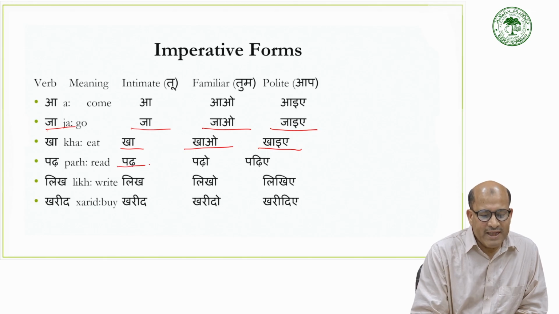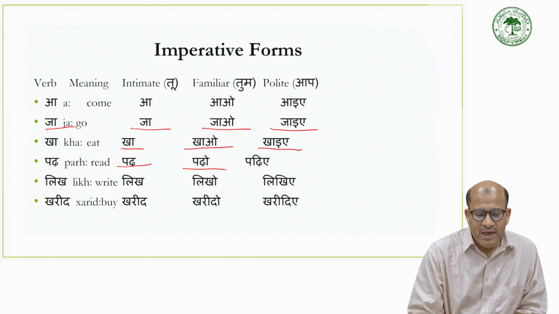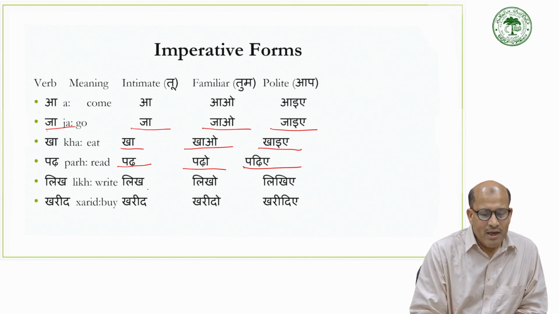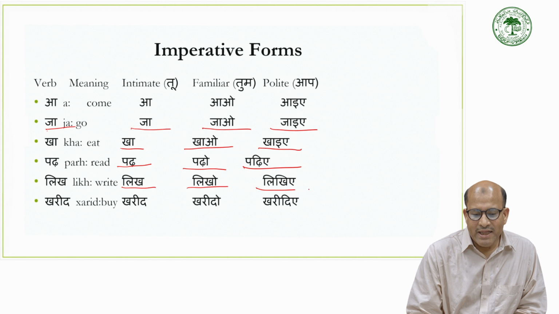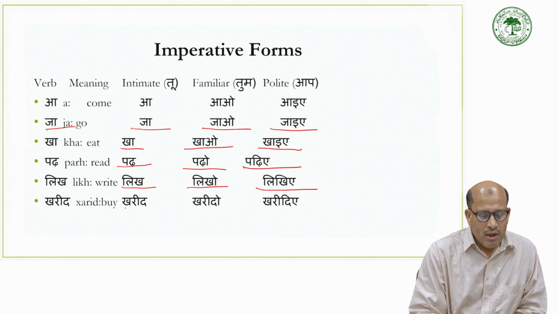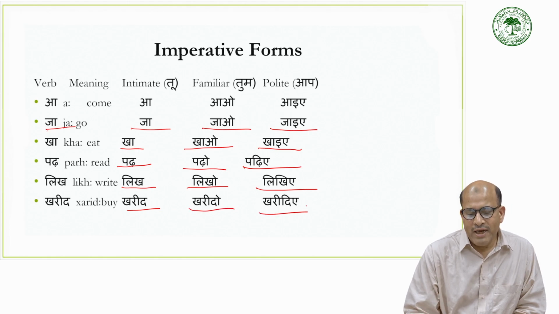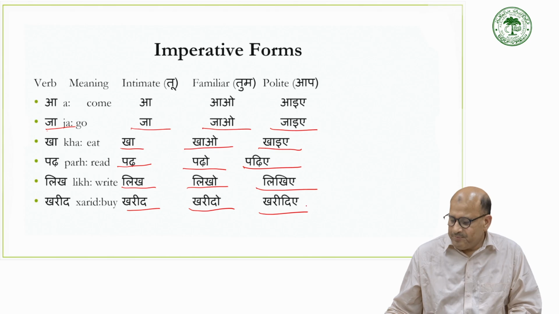For padhna, the intimate is pad, familiar is padho, and polite is padhiye. For the verb likhna, the intimate form is likh, familiar is likho, and the polite is likhiye. As for the verb kharidna, to buy, the intimate is kharid, familiar is kharido, and polite is kharidiye.